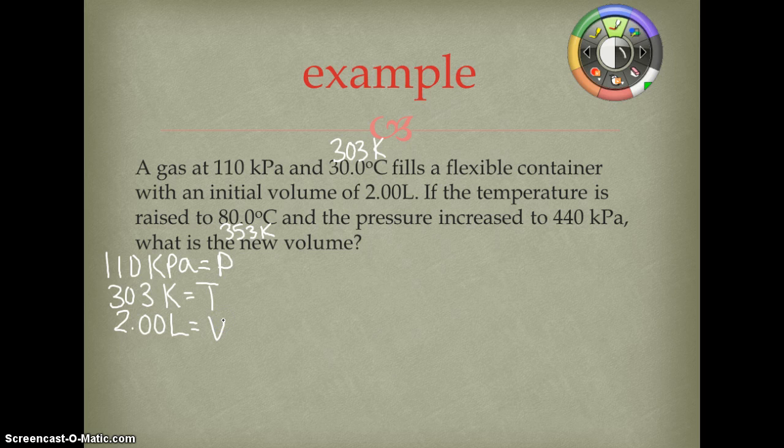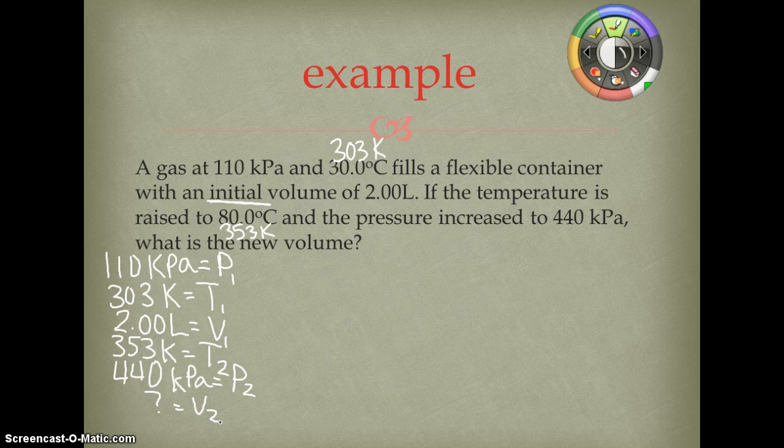And since this is our initial volume, that means that these are going to be our initial values. So our temperature is then raised to 80 degrees Celsius, which is 353 Kelvin. So this is going to be our T2. Pressure is increased to 440 kPa. So this is going to be our P2. And we are looking for V2.